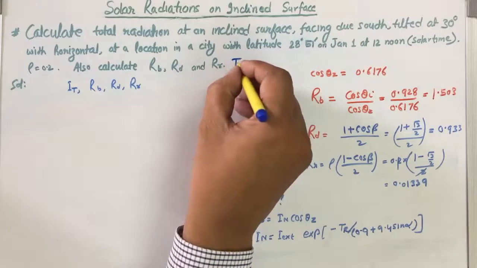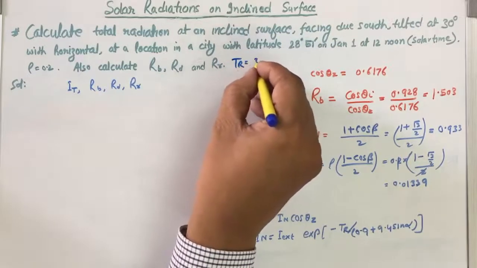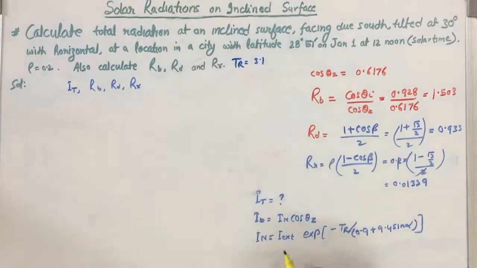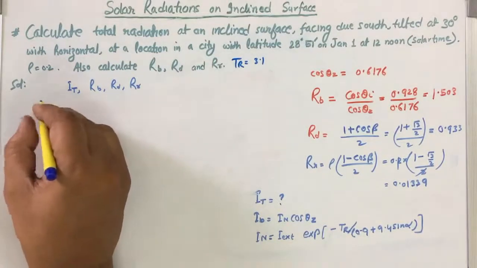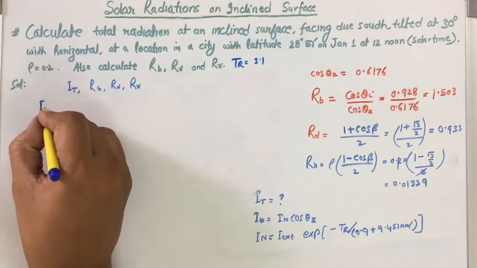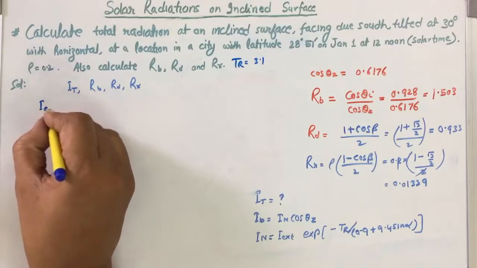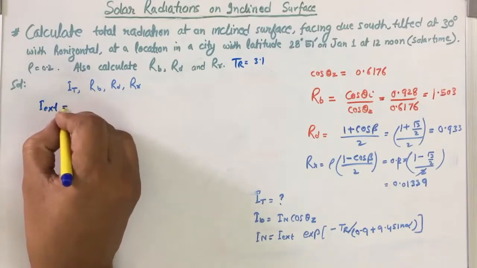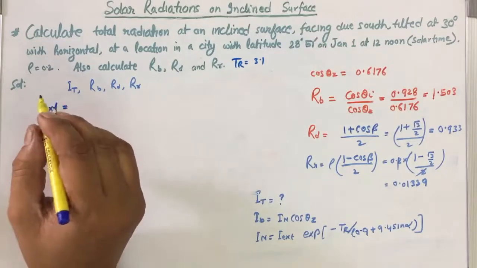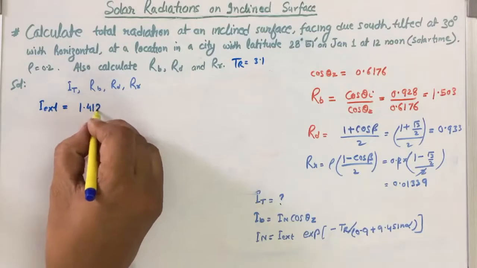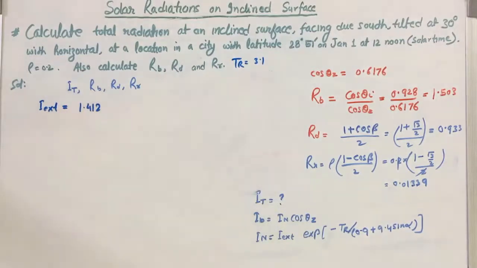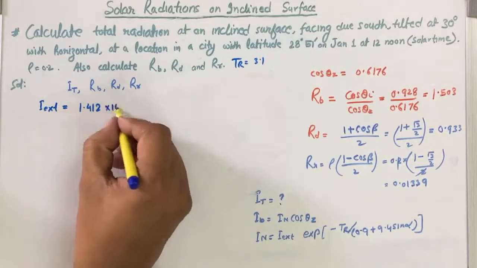So you can write TR is equal to 3.1. And I extraterrestrial you can calculate from the formula that I have discussed. So I am not discussing it once again, I am just writing the final value. I at extraterrestrial region is equal to 1.412 into 10 to the power 3.